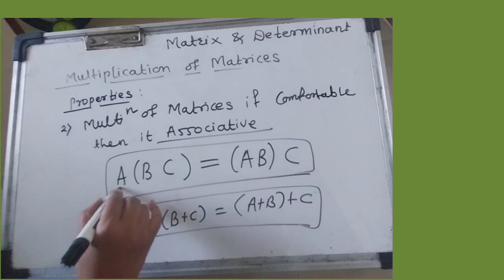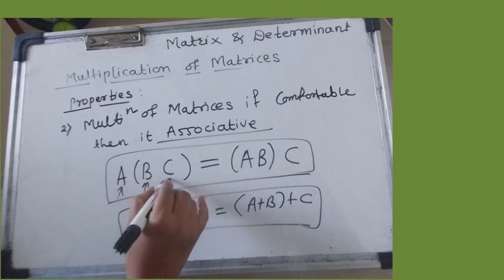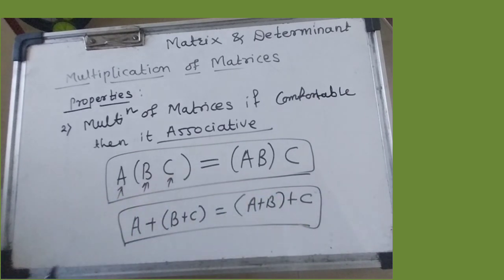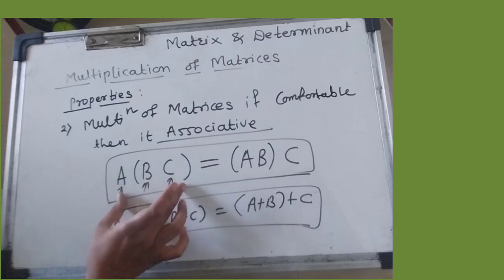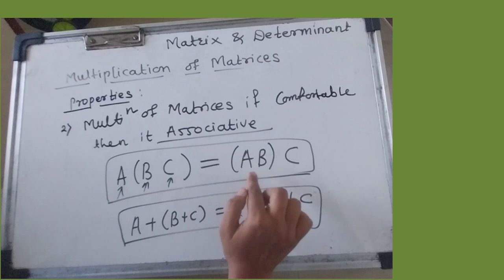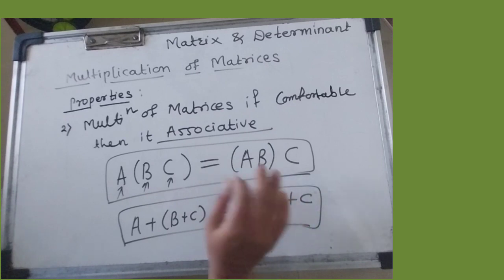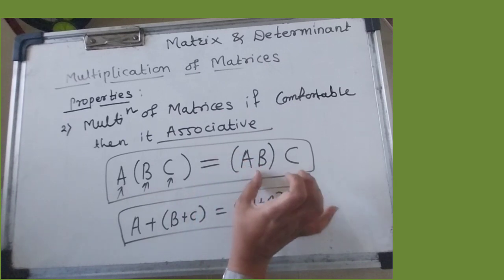You take any matrix A, any matrix B, any matrix C and prove the property. You can easily prove this property. Take a product of these two, then product of this with the third. On the other hand, take the product of these two, call it 1, then the product of this and this.